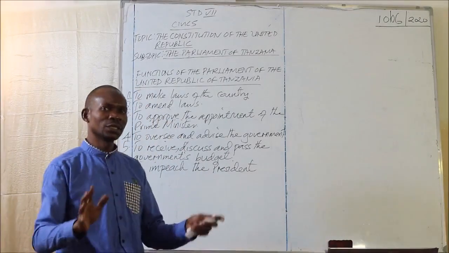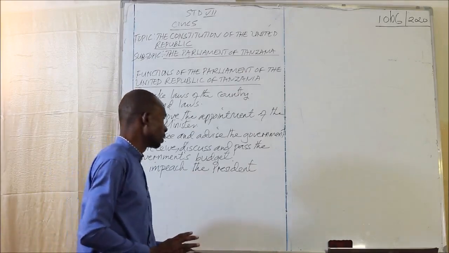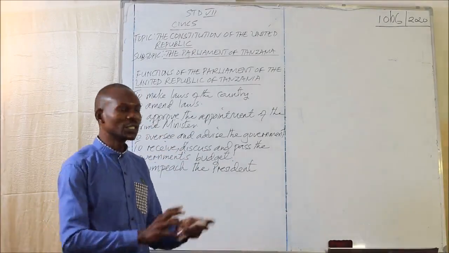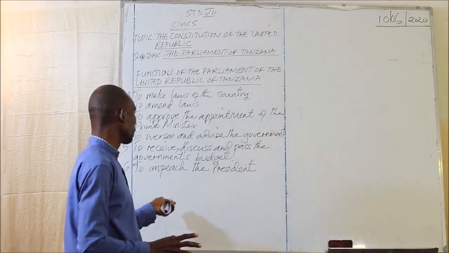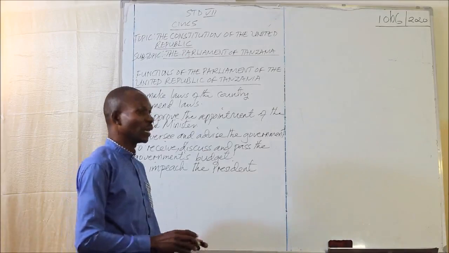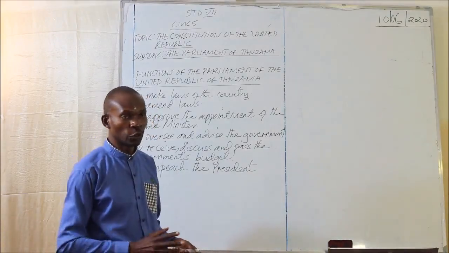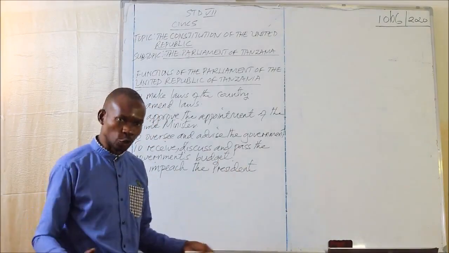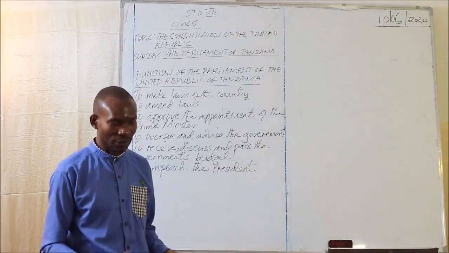This is done only if the president has been, or is seen to be, doing things which are unconstitutional, breaching the Constitution of the United Republic. Therefore, the members of parliament on behalf of the people can institute this, and the president is impeached and removed from office for the benefit of the majority, and especially for bringing about harmony in the society, in the country.